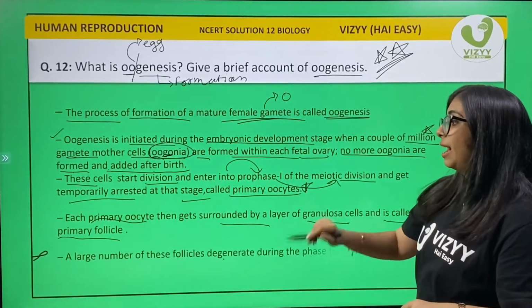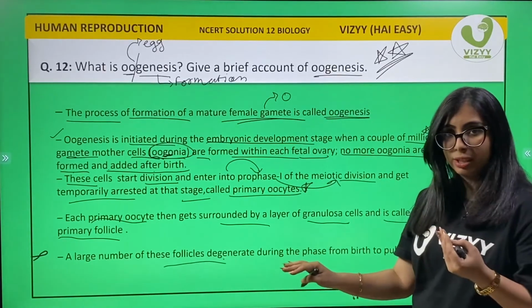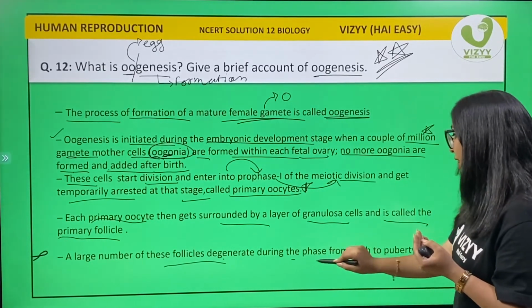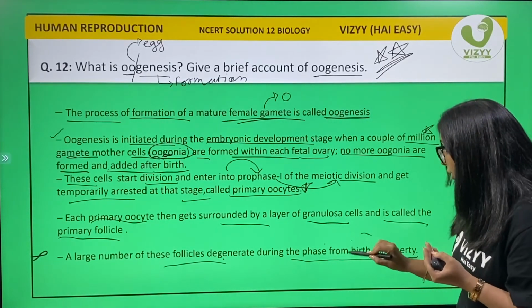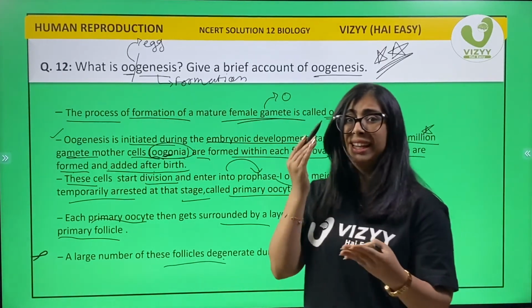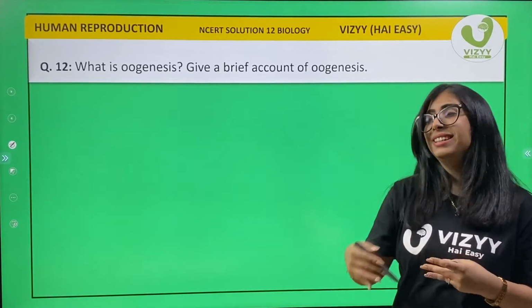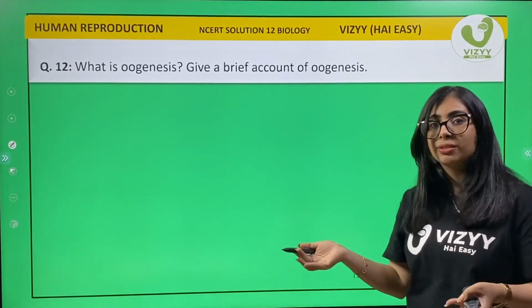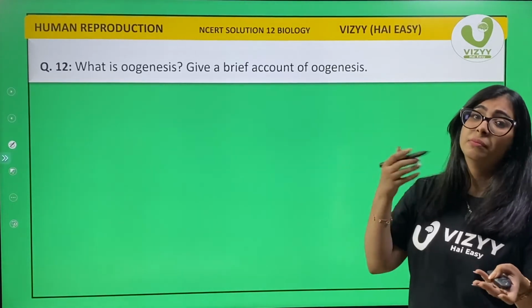A large number of these follicles degenerate. This phase lasts from birth to puberty. When puberty hits, a female child starts getting her menstruation, which is when the eggs mature.